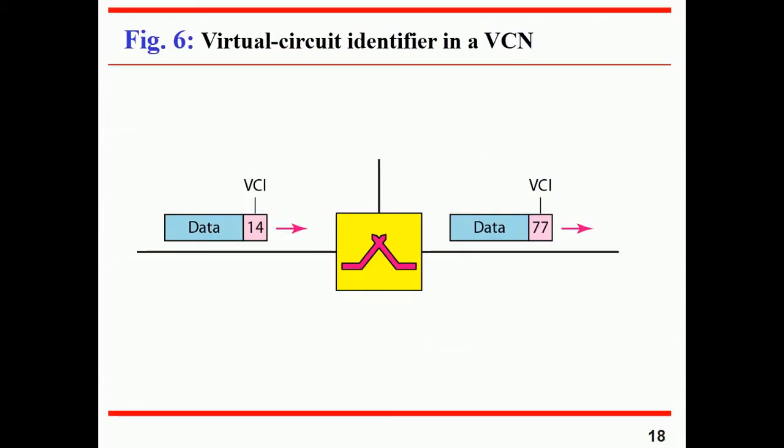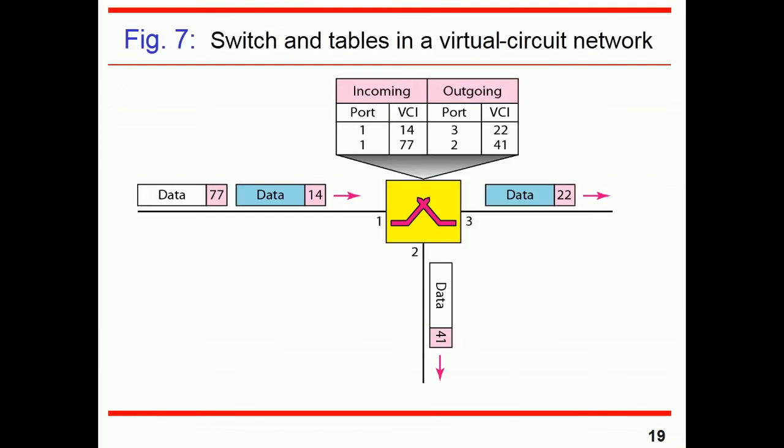These are the virtual circuit identifiers in the virtual circuit network. The virtual circuit identifier 14 is used, and after passing this switch, the data is the same but the virtual circuit identifier is changed. Next, switches and tables in a virtual circuit network.